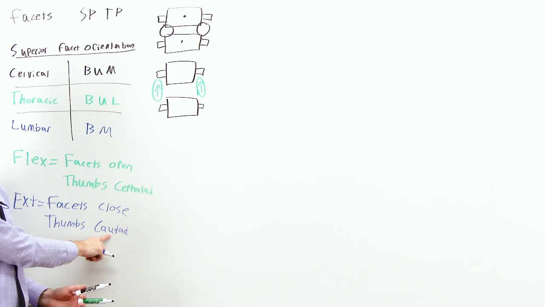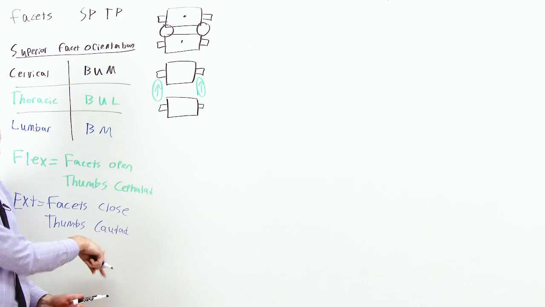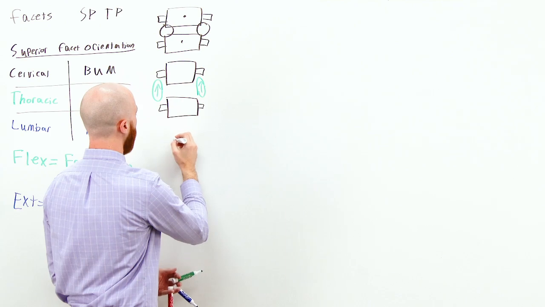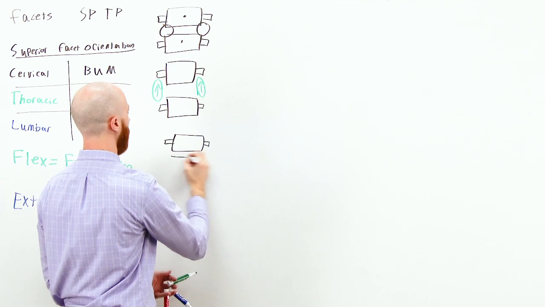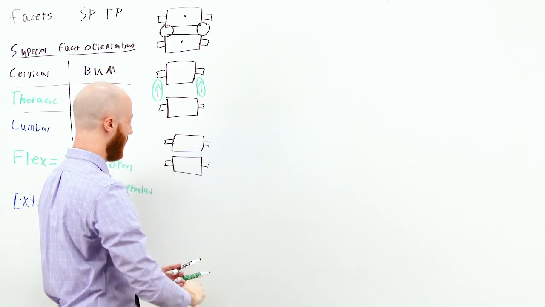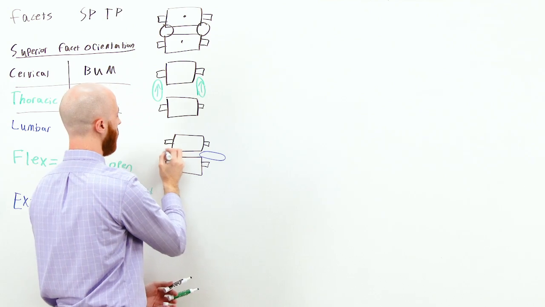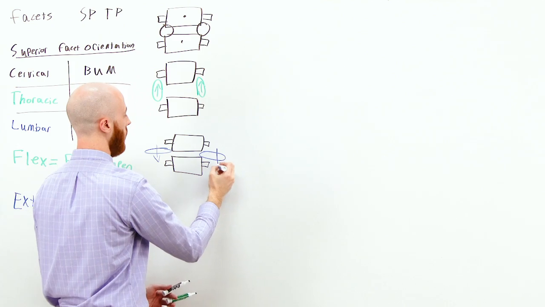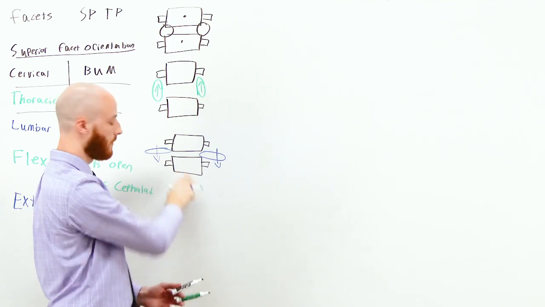So if you think of crawdad and the legs: caudad, legs, down. During extension, the joint space is going to get squished closed, and your thumbs will move downward. Squish closed, thumbs down during extension.